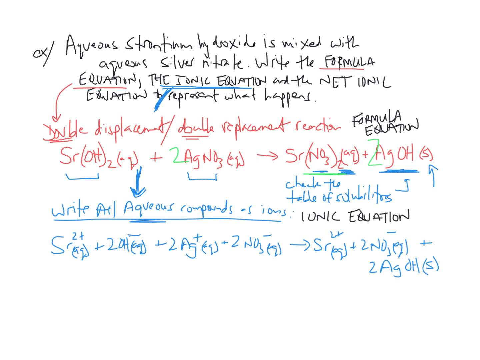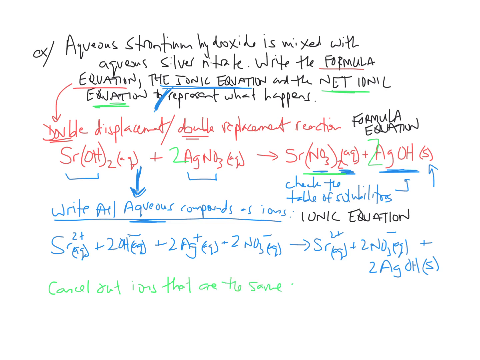Okay, what we do is we look at the last bit here, making the net ionic equation. What happens in the net ionic equation is we cancel out ions that are the same on both sides.